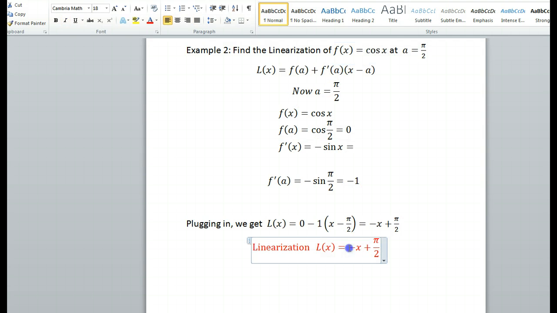For example, in physics, in optics, whenever we have sine theta and the angle is very small, we approximate that by just theta, which is linear. But we can't do it all the time. We can only do it when the angle is very small, in other words, near 0. So this is done often when you have an ugly function that comes from a modeling process in nature, and you want to approximate it by a linear function in the neighborhood of a particular point.